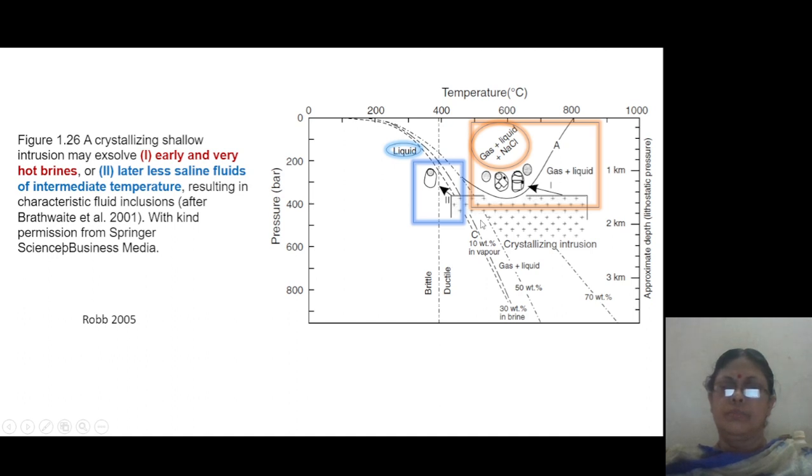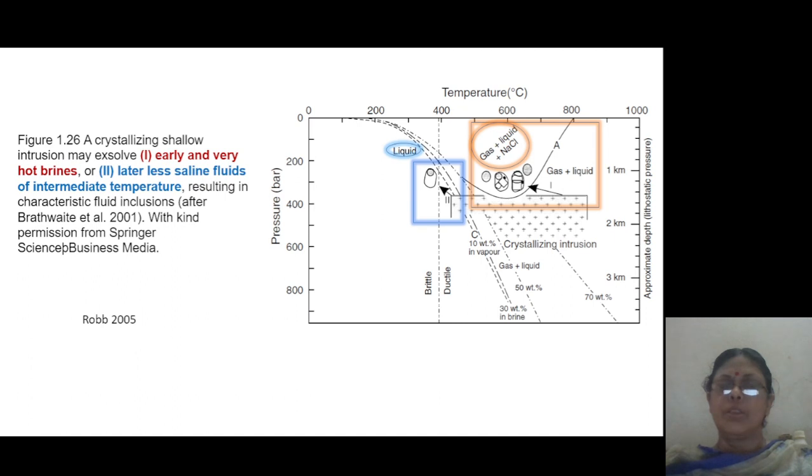And if we take a look here under this red zone, which I have marked with red, you can see this represents early and very hot brines. The temperature is very high, and these brines are formed at very high temperature.